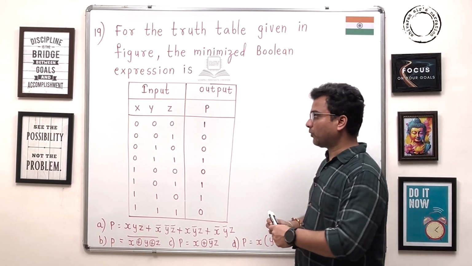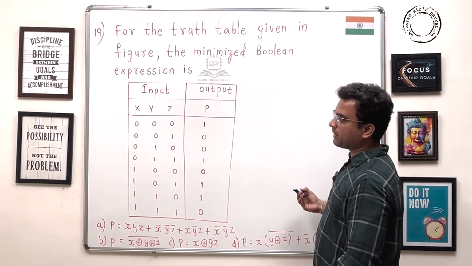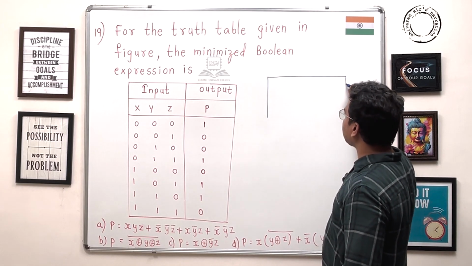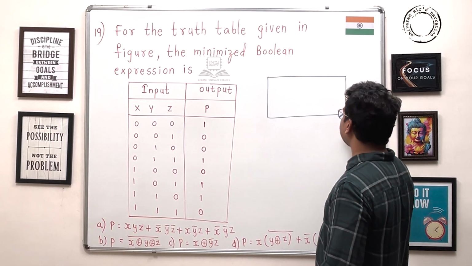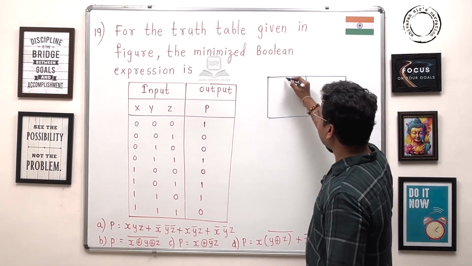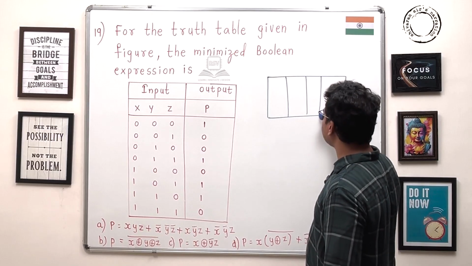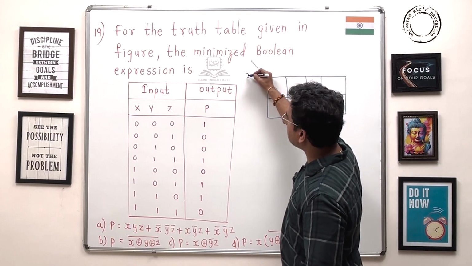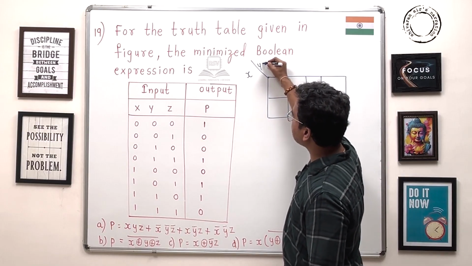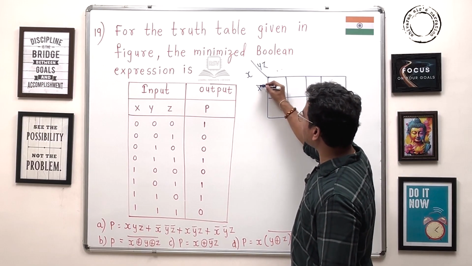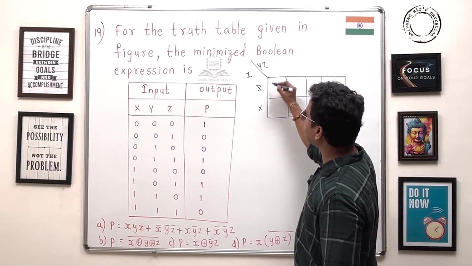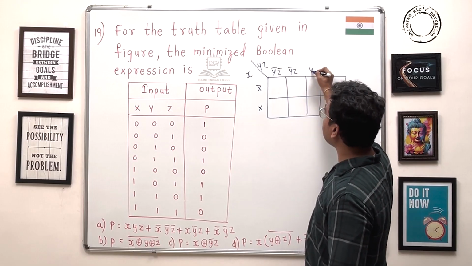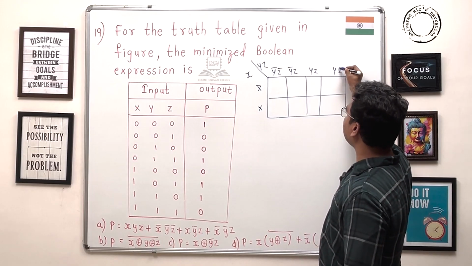That's it. Now, as it is a 3 variable K-map, let's consider a 3 variable K-map, right? Therefore, we get the mapping in this way. It's x, y, z. This is x bar, x, y bar z bar, y bar z, yz, yz bar.